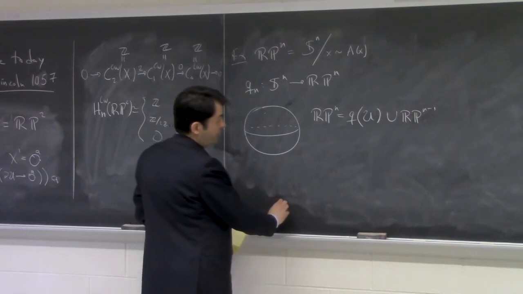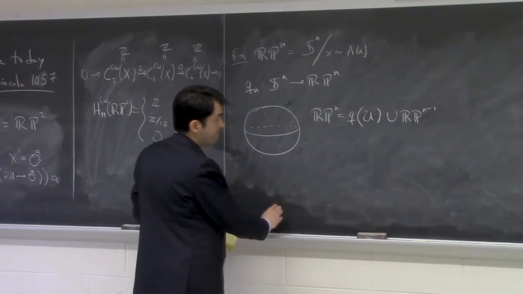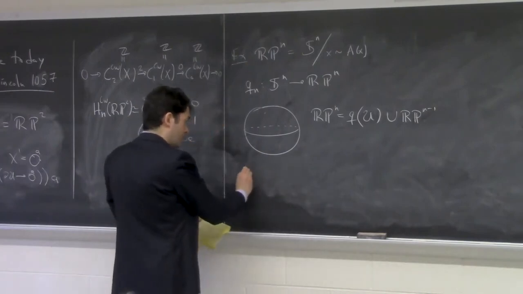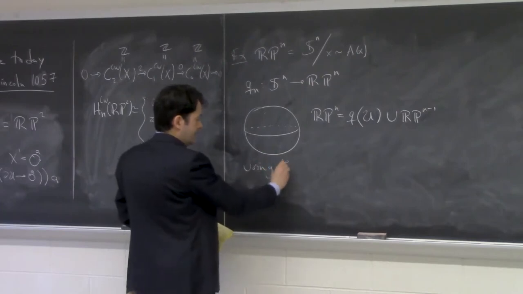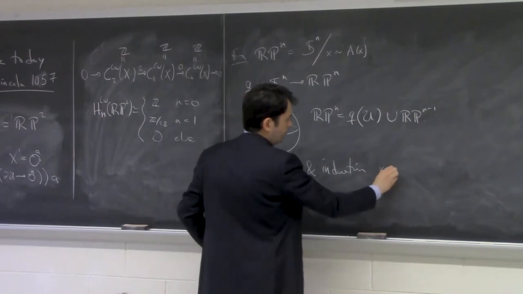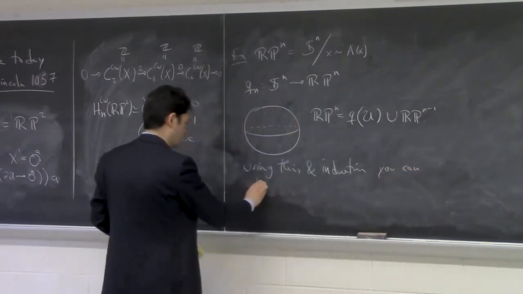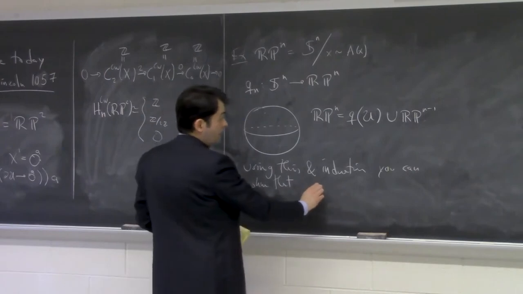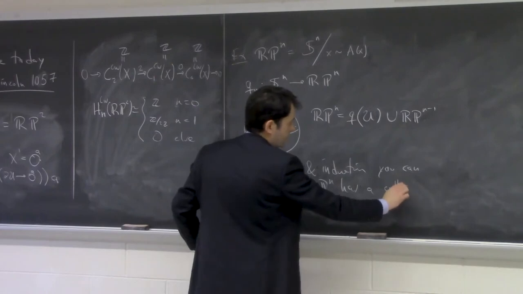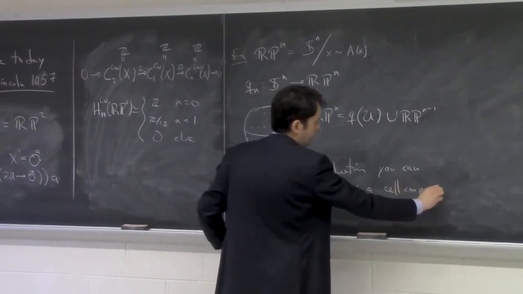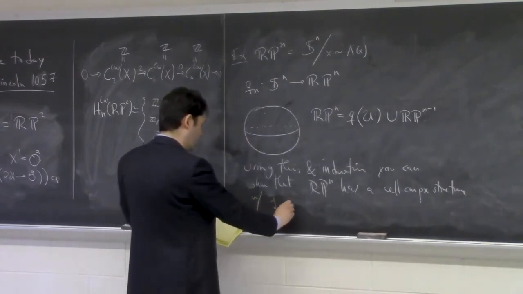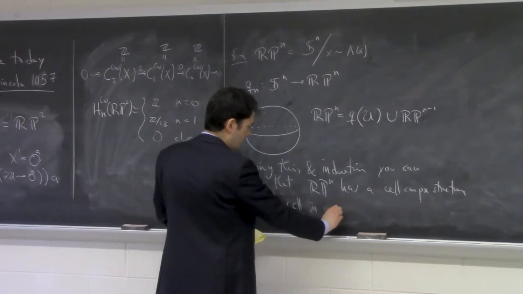Using this and induction, you can show that RP^n has a cell complex structure with one cell in each dimension.